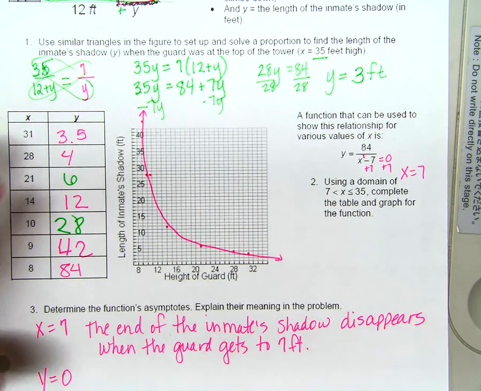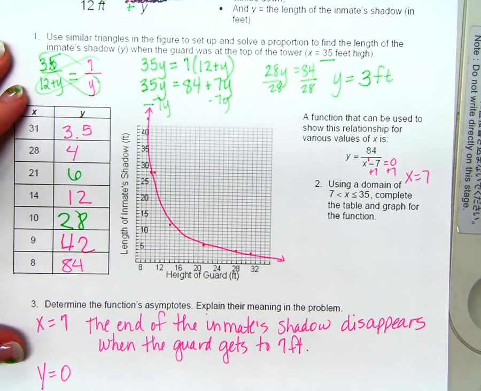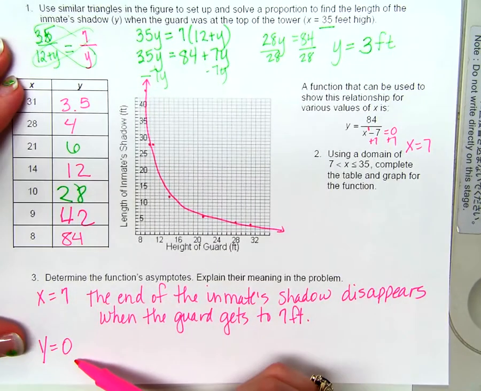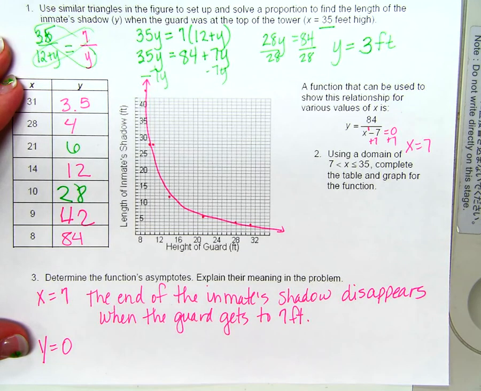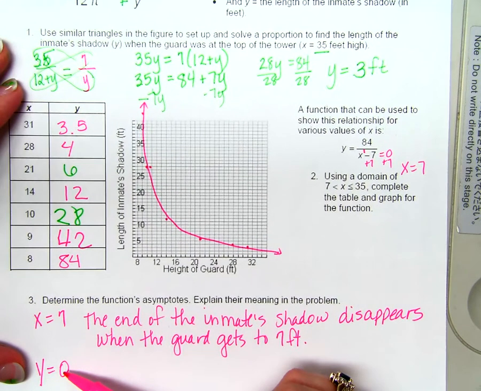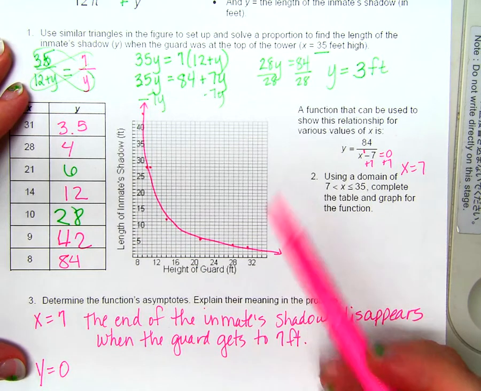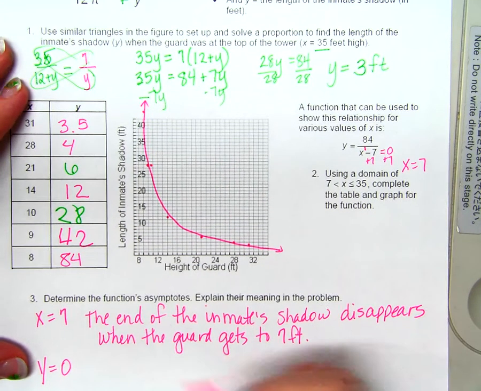At y equals 0, y deals with the length of the shadow. The length of the shadow can't get any shorter than 0, and it can't go below. Okay? And in fact, the only way that the length of the shadow is 0 is if the guard is right on top of the inmate, and we know that's not happening. Okay?